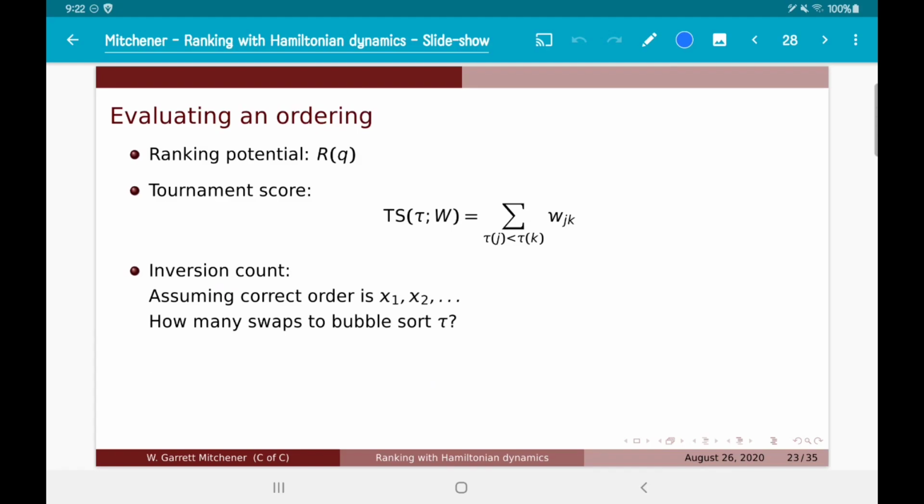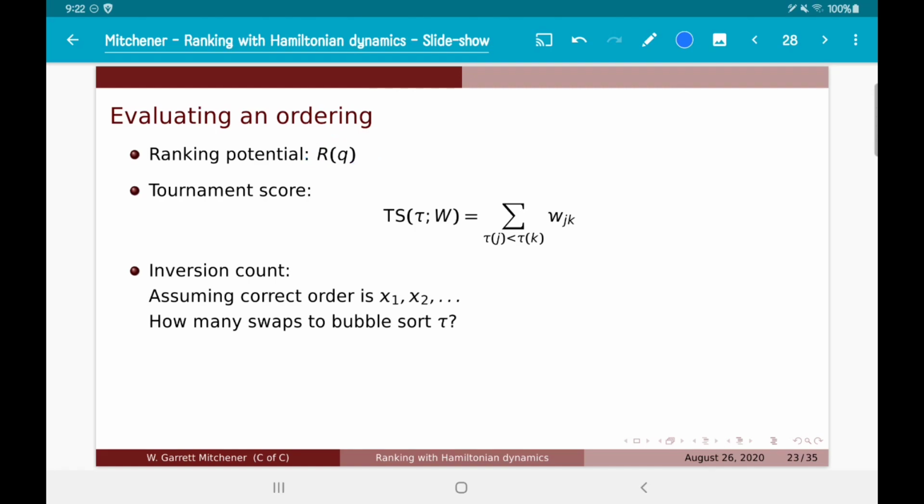Okay, so now we've got these sample problems. We can run the ranking algorithms. How do we evaluate the orderings that come out? Well, there's at least 3 different ways that obviously should be tried. One is that I can look at the ranking potential for the position vector that actually comes out of the ranking algorithm.